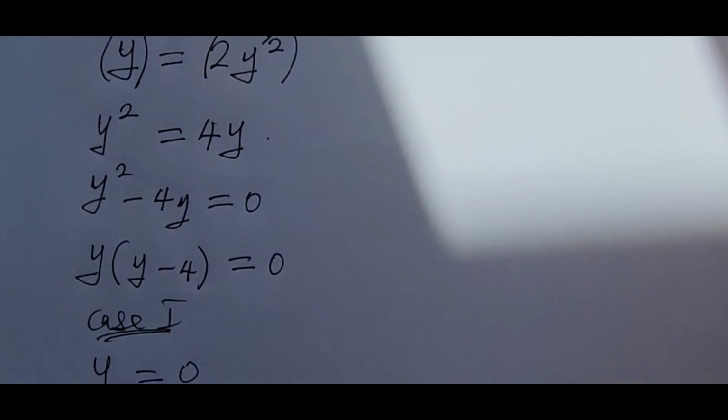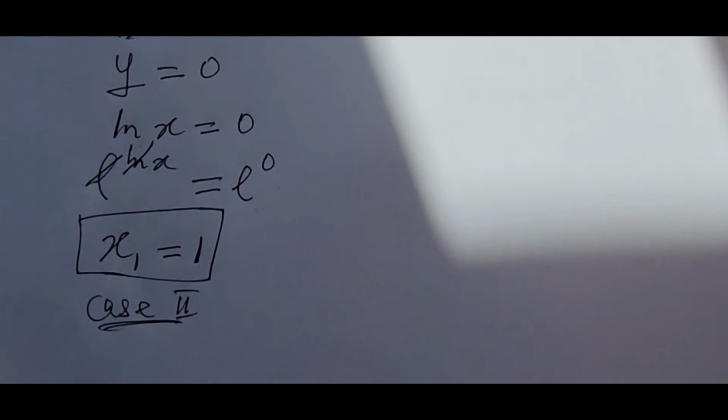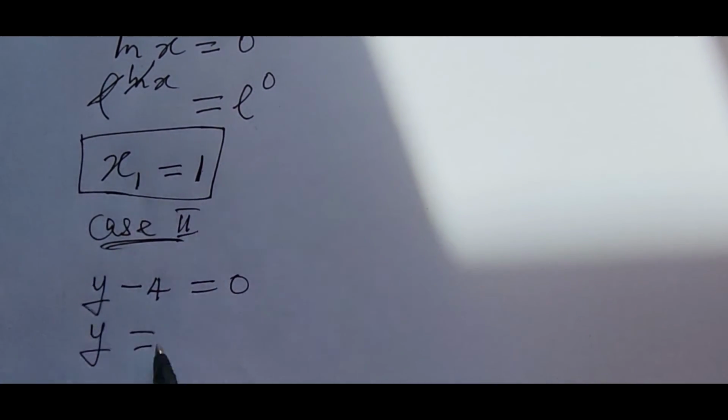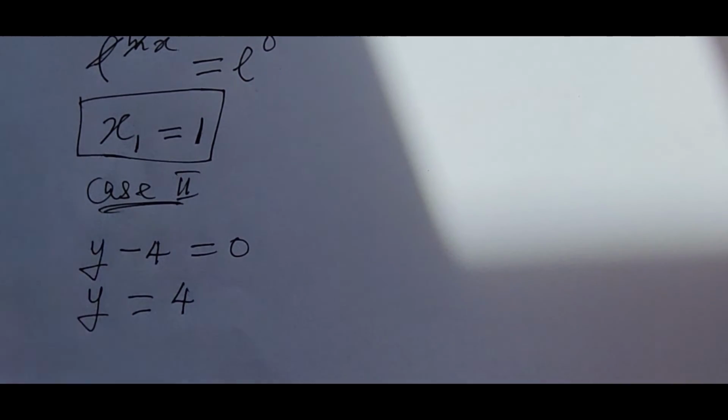Now we take the second case, which is case 2. In case 2, we have y minus 4 is equal to 0. If we move this to this side, we have y is equal to positive 4. Then what we do here is easy. Bring in the value of y, which is ln of x.